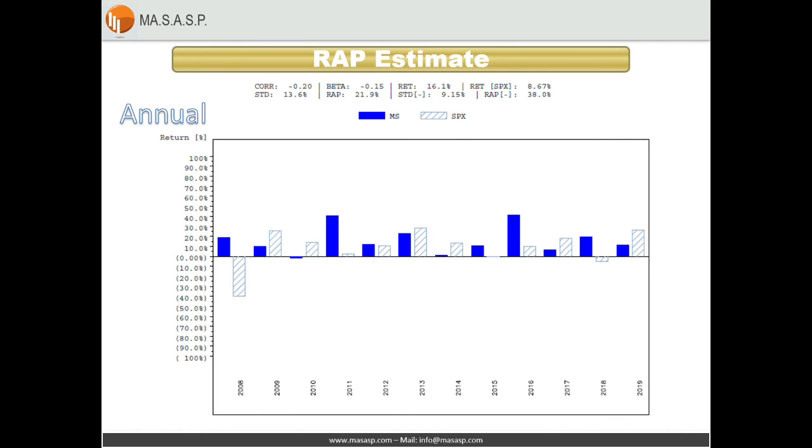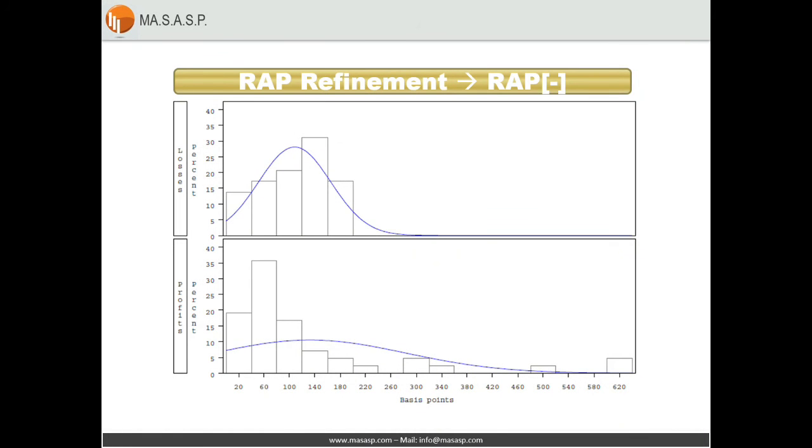The risk-adjusted performance is shown on the beta scorecard introduced in the previous video. As it was the case with the Sharpe ratio, this performance metric can also be refined, replacing the overall volatility with the negative volatility.